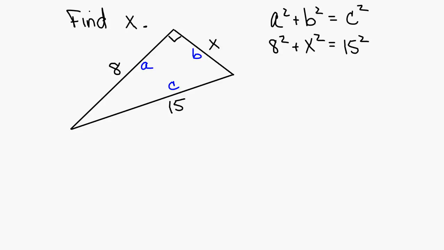Square your values, so 8 squared is 64 plus x squared equals 15 squared is 225. And now you're solving for x, so you're going to subtract 64 from each side.